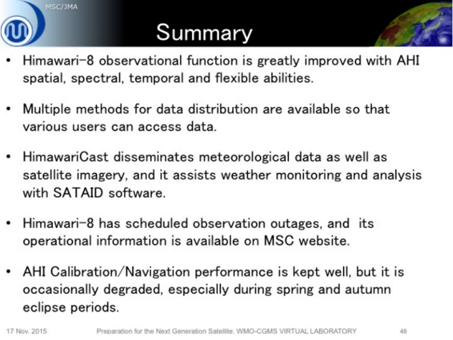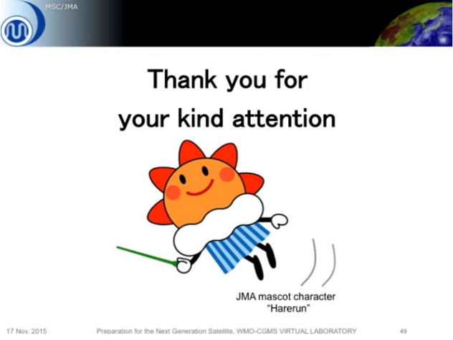And it assists weather monitoring and analysis with satellite software. Himawari 8 has scheduled observation outage, and its operational information is available on MSC website. Finally, AHI calibration and navigation performance is kept well, but it is occasionally degraded, especially during spring and autumn eclipse periods. Thank you for your kind attention. That's all. Thank you.